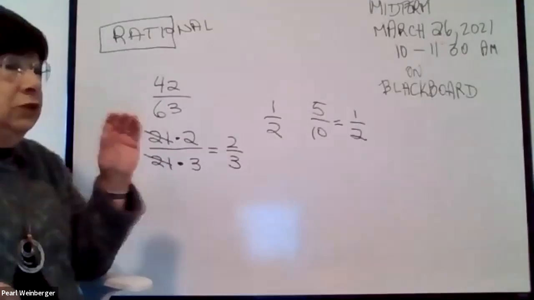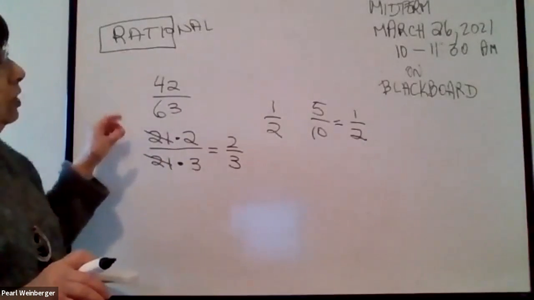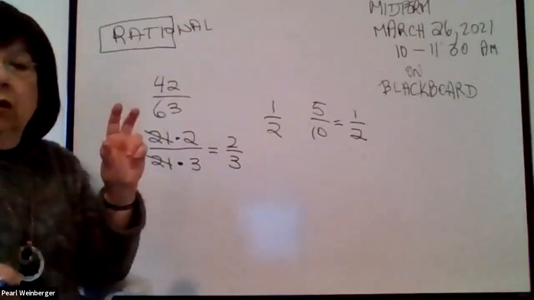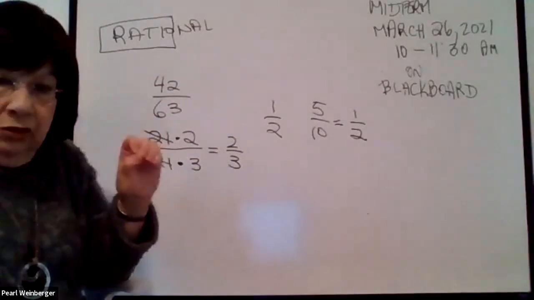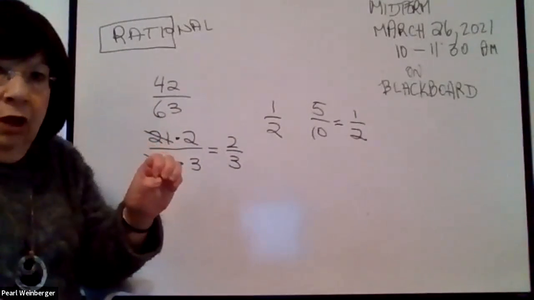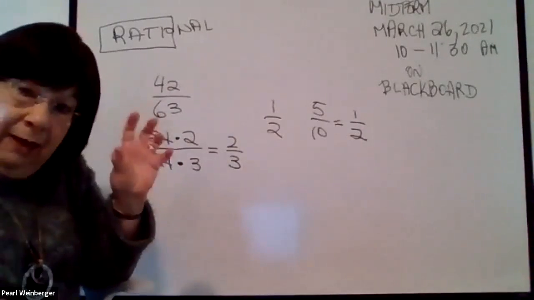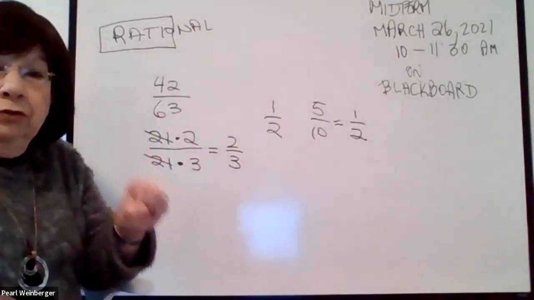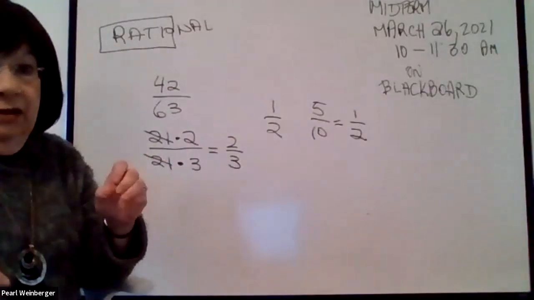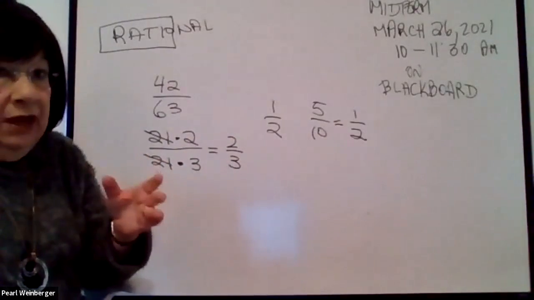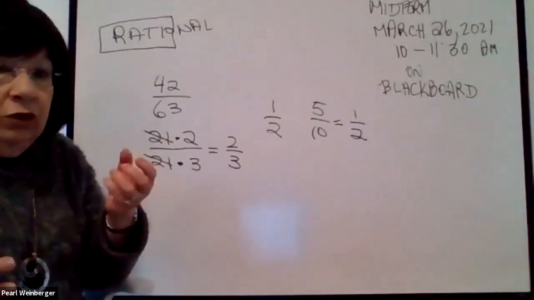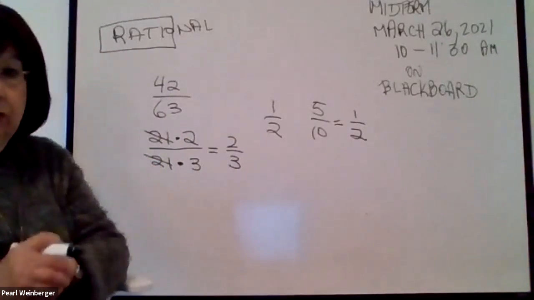Well, another reason we do factoring is because when we get to our algebraic fractions, our rational expressions, we're going to want to reduce them by finding a common factor of the numerator and denominator. And again, we're going to have to know how to factor in order to find those common factors.